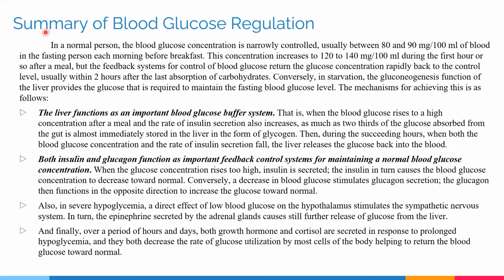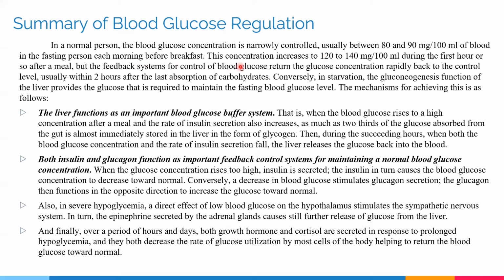Next, let us look into an overview of the entire blood glucose regulation system. In a normal person, the blood glucose concentration is narrowly controlled, usually between 80 and 90 milligrams per 100 milliliters of blood in the fasting person each morning before breakfast.